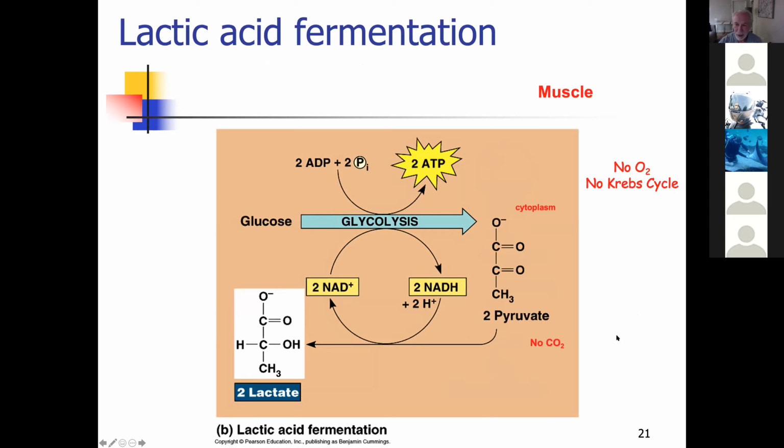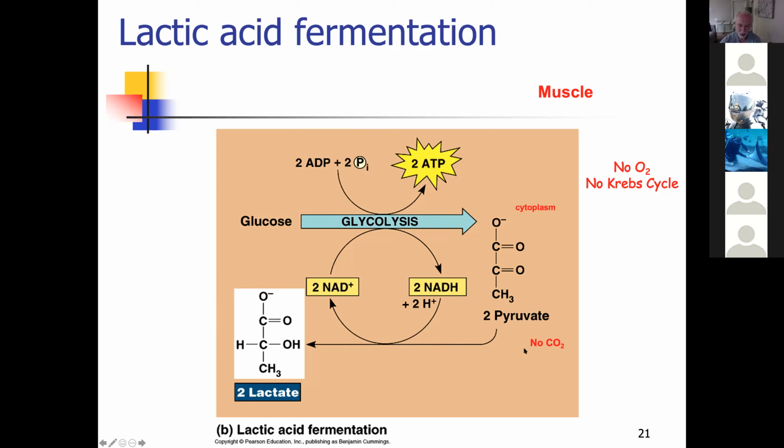Now, what if it happens in our muscles? Same thing, glucose in the cytoplasm, glycolysis, 2 ATPs are generated, but it stays in the cytoplasm. And now the pyruvate that results from glycolysis is hydrogenated directly to 2 molecules of lactic acid.